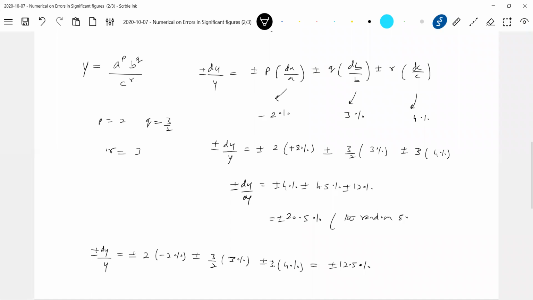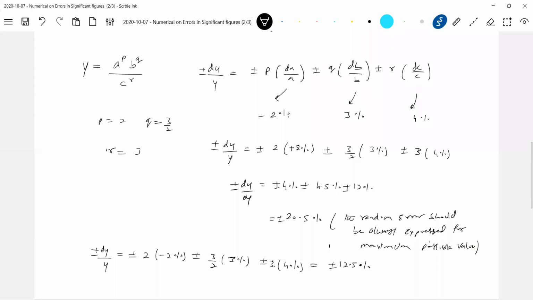The random error should always be expressed for the maximum possible value. There's a rule they have made. So in exams, if they give like this, what happens?